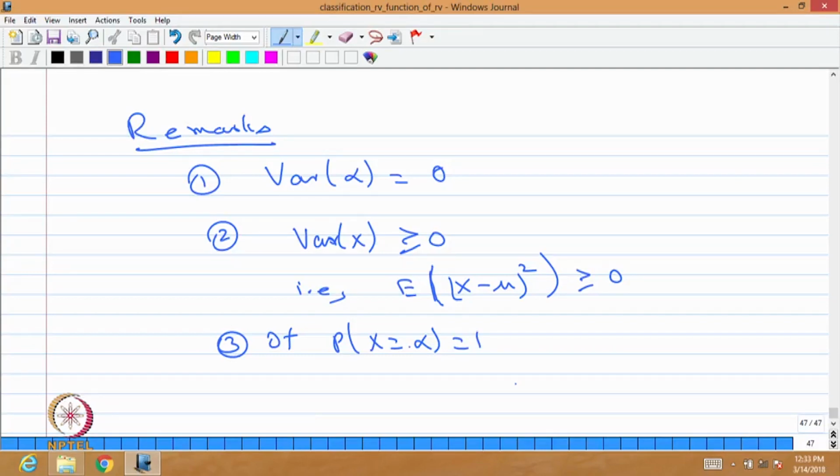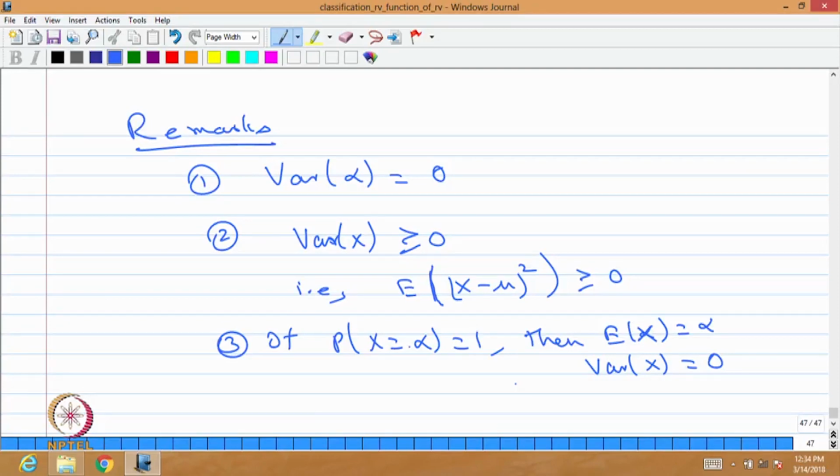If the probability that x takes a value alpha, where alpha is some number, is 1, then the mean of the random variable is the same as alpha, and the variance of the random variable is going to be 0. That means for a constant random variable, the expectation is the same as the constant and the variance is going to be 0.